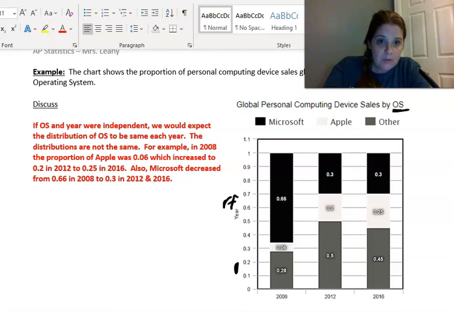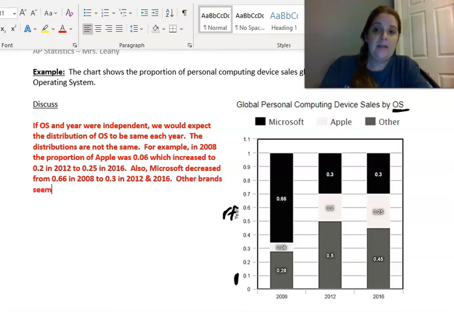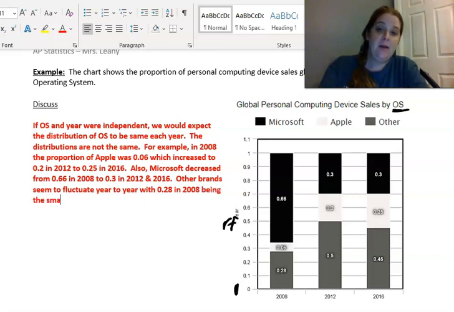Also, the other brands seem to fluctuate year to year, with 0.28 in 2008 being the smallest, and 0.45 or 0.50 in 2012 being the largest proportions.